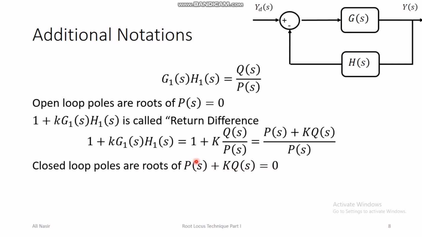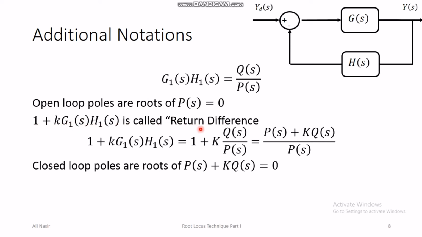So this is what the closed loop poles are, and the open loop poles are P(s) equals 0. So you can see that the thing that we have called return difference is 1 plus K times G1(s)H1(s).